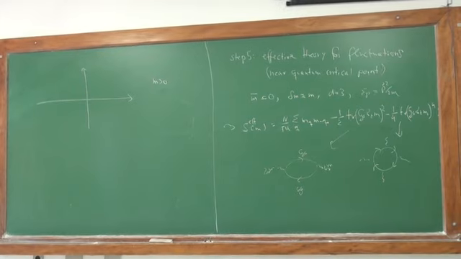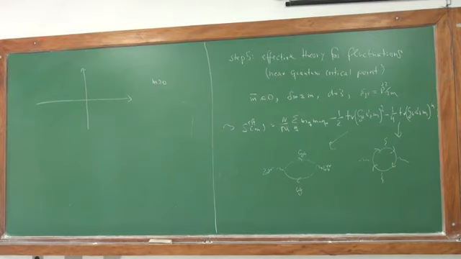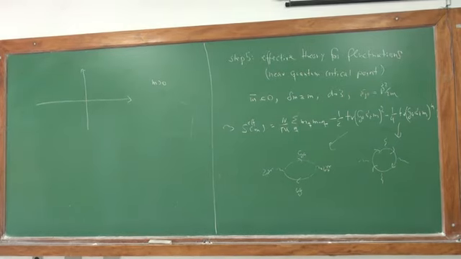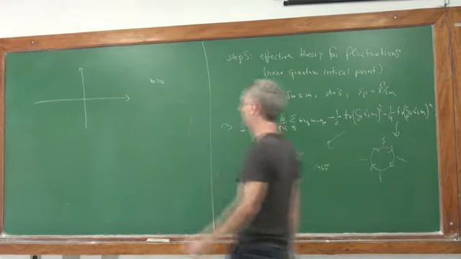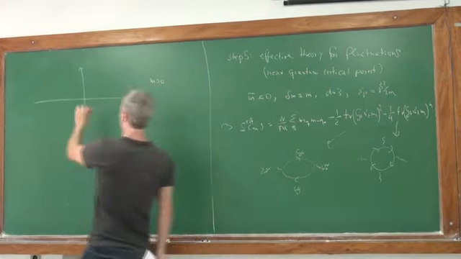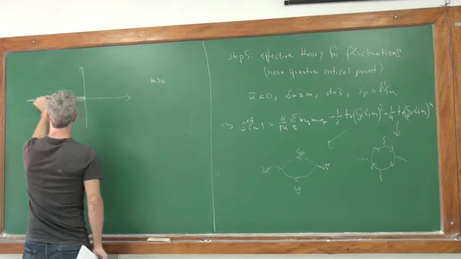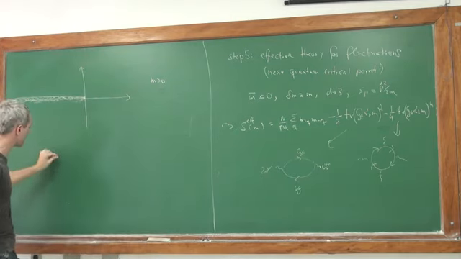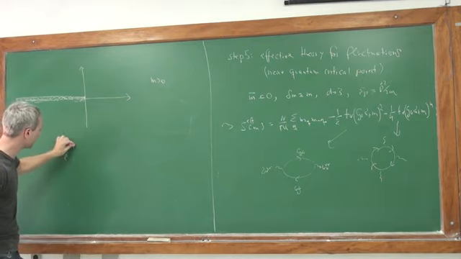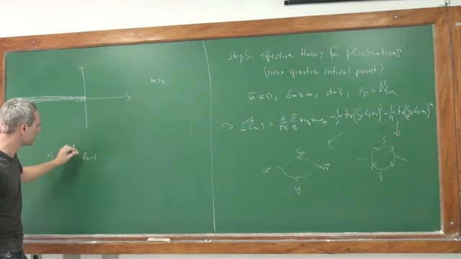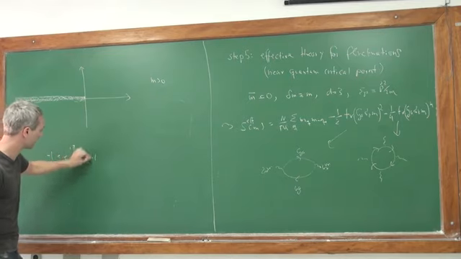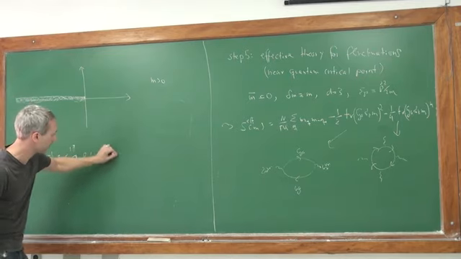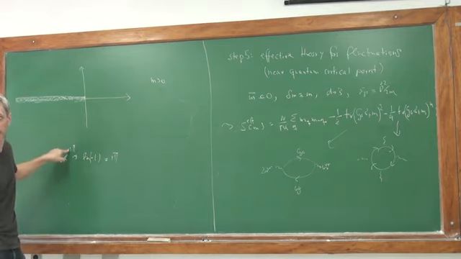Let's write this as a difference of two logs. I mean, you know that this is a difference of this log and this log. Okay. So the log has a problem. Well, it has a cut for negative values. So we could say that minus 1 is just e to the i pi, so the log of minus 1, like symbolically, is i pi, but it could be equally minus i pi. Okay, so we have to decide which is the sign.